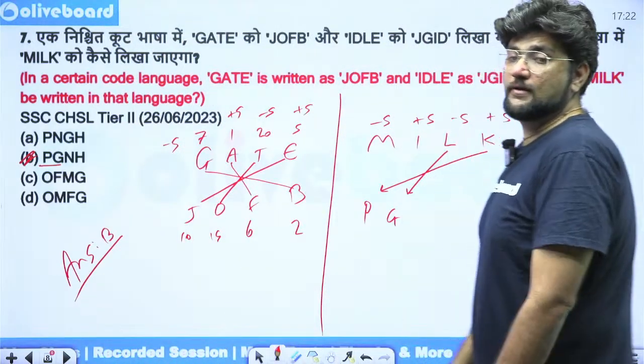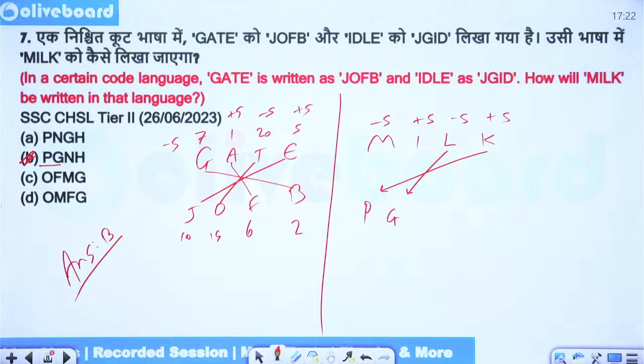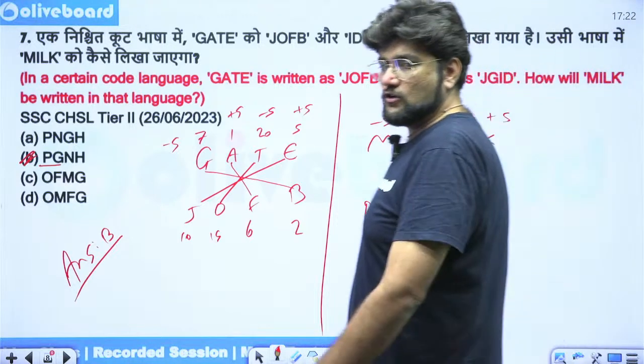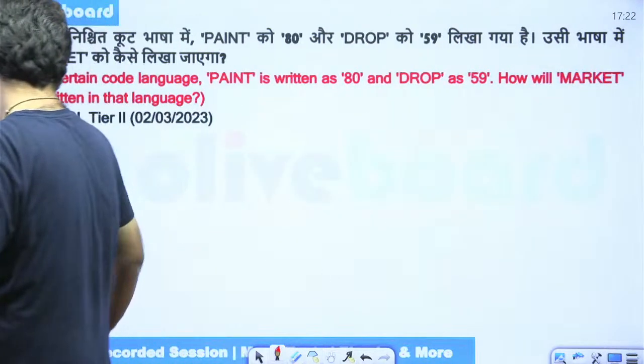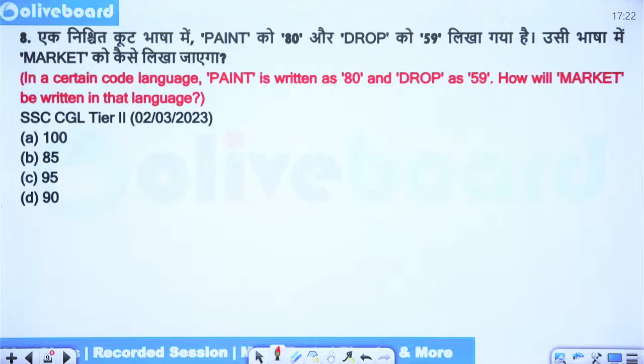Okay, very common logic. The problem is, despite being very common and very easy, it's difficult to figure out if you're actually sitting in the exam. See, whenever you're coding from number, letter to number, always a new algorithm will be formed.